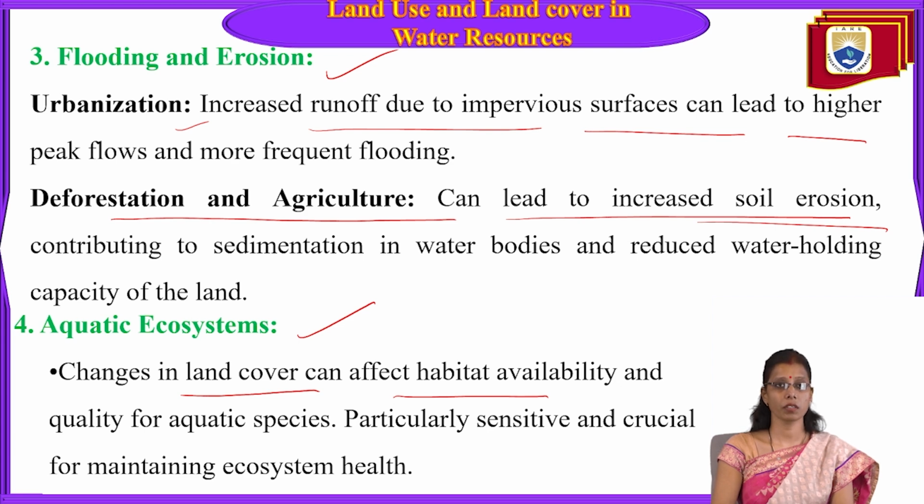The habitat of these species is going to be changed and they are affected, and the quality of the species is also affected. The quality is decreasing here due to the heavy metals present in the water body. So it compromises the health of the aquatic species and reduces the health of the ecosystem.